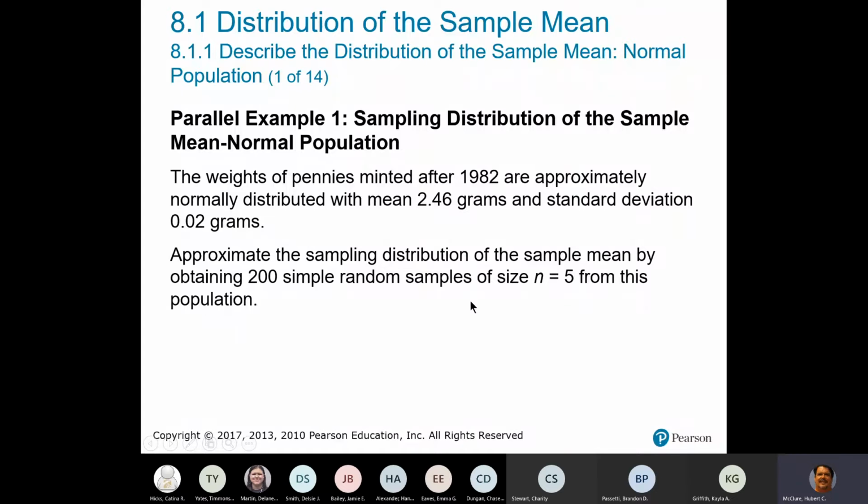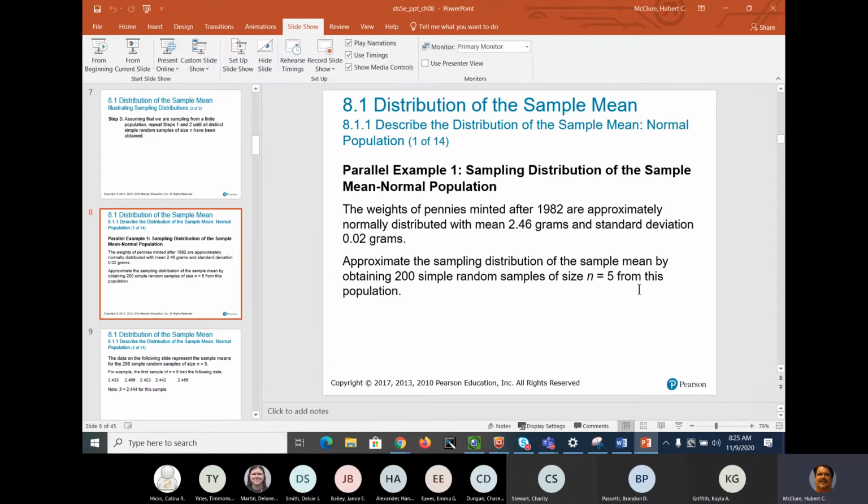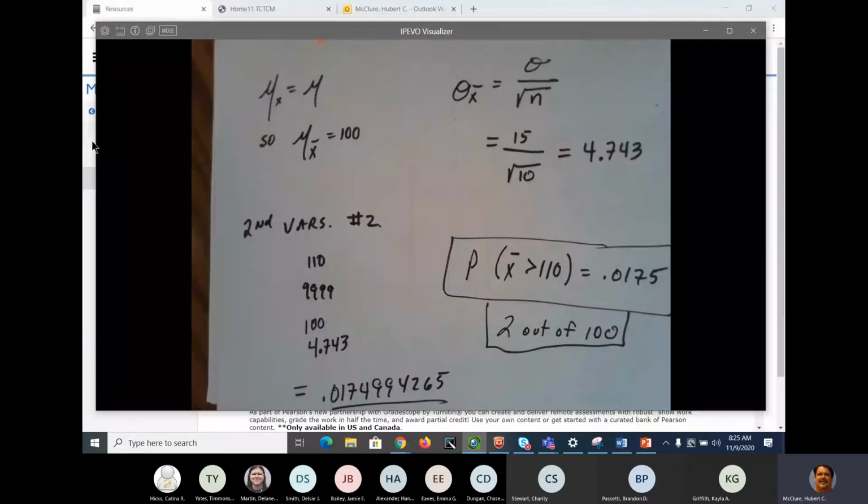Now the computers can do this by making a random sample. I don't know if I can do this in StatCrunch. Let me see if I can go through StatCrunch and do it. Let's see, where is the homework? I don't even know if I've assigned the homework.